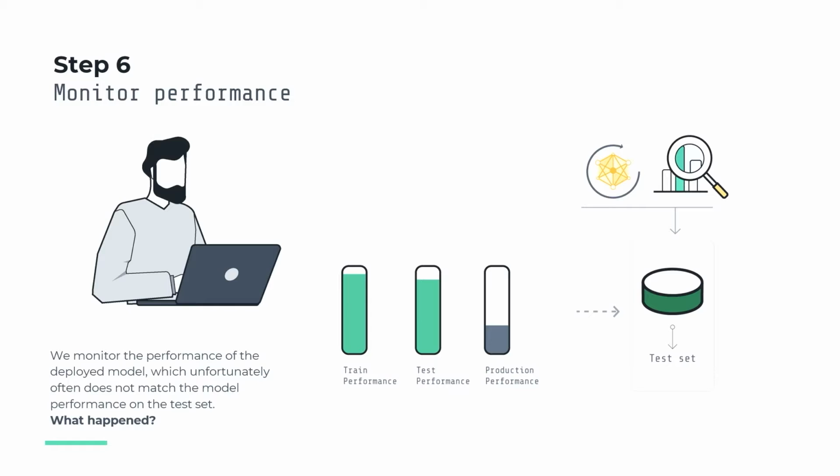So what happens then is you have to monitor your real-world performance, and often people realize the model doesn't perform as well as it did on the internal test set. So you will have to go and inspect your model and your data and try to understand what happened.